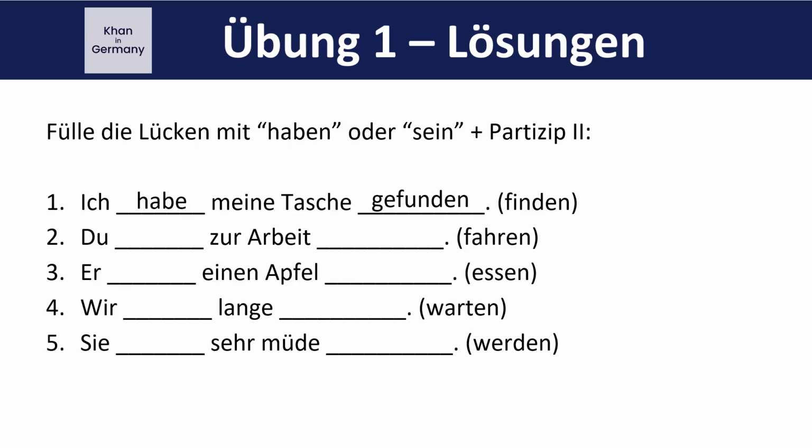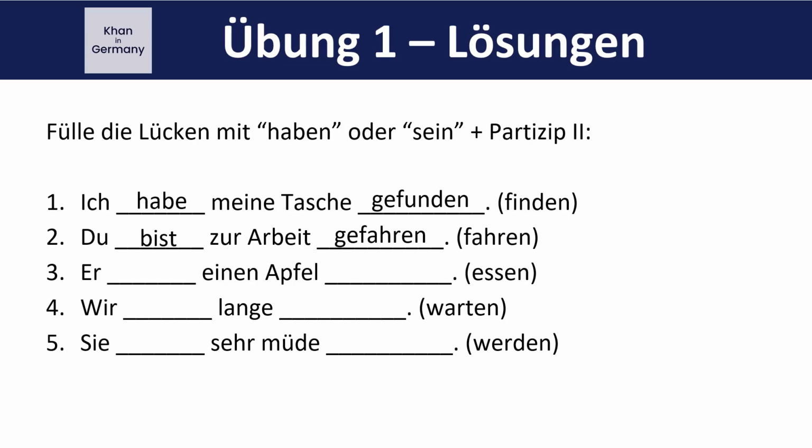Then you have to see it is du, and we just talked about that: in perfect you have to conjugate the helping verb. So movement, we have to use sein. It's du. If you watch my previous videos, I think it's video number 3 or 2, we talked about the conjugation, how the conjugations work. Du bist zur Arbeit gefahren.